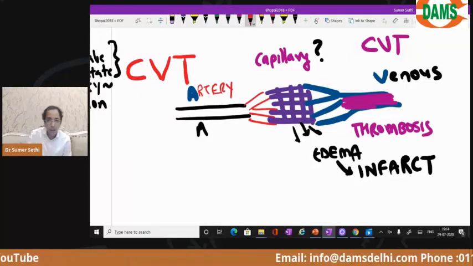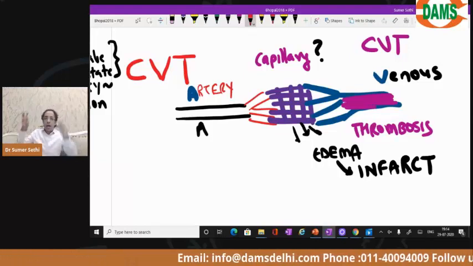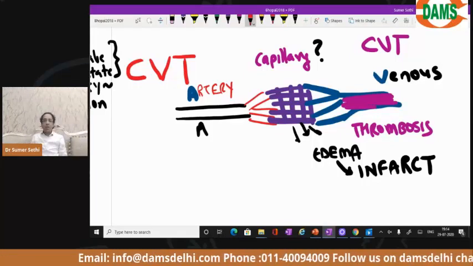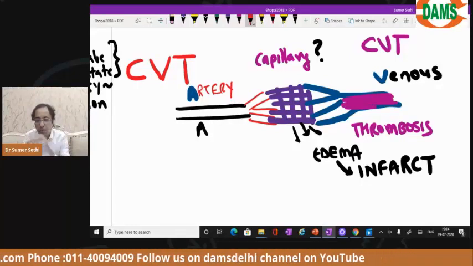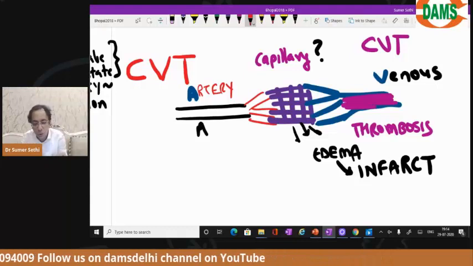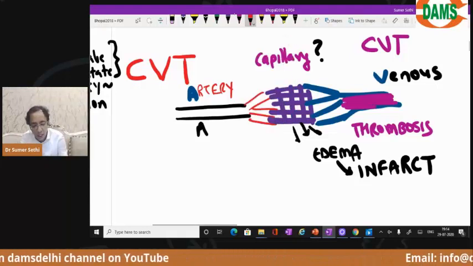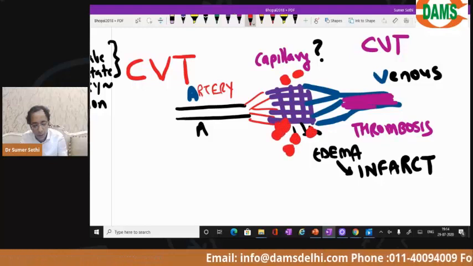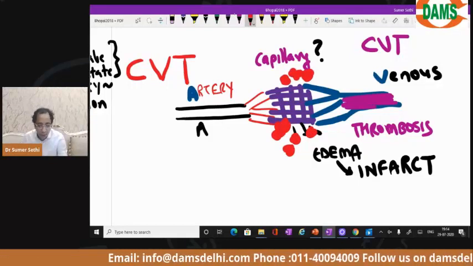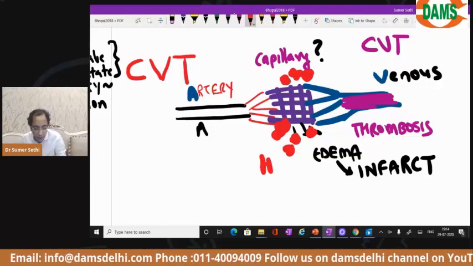The artery is open. The artery is sending high pressure blood into the infarcted tissue. Do you agree that in a dead tissue, capillaries will be fragile? The capillaries rupture.